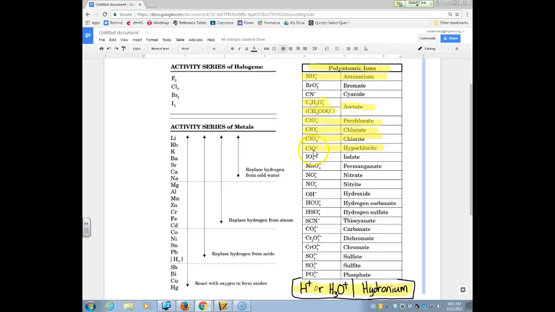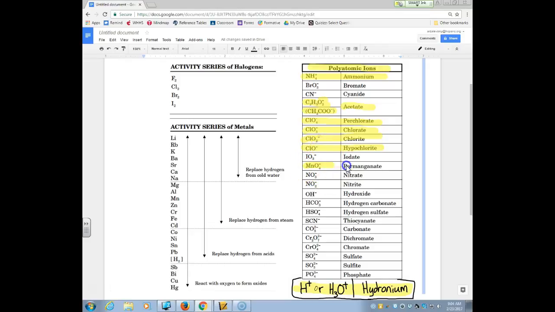All of them have a chlorine, all of them have at least one oxygen, and all of them have a negative charge. So that can help you out a little bit. The difference is the number of oxygens. Perchlorate has 4, chlorate has 3 oxygens, chlorite has 2 oxygens, and hypochlorite only has 1 oxygen.